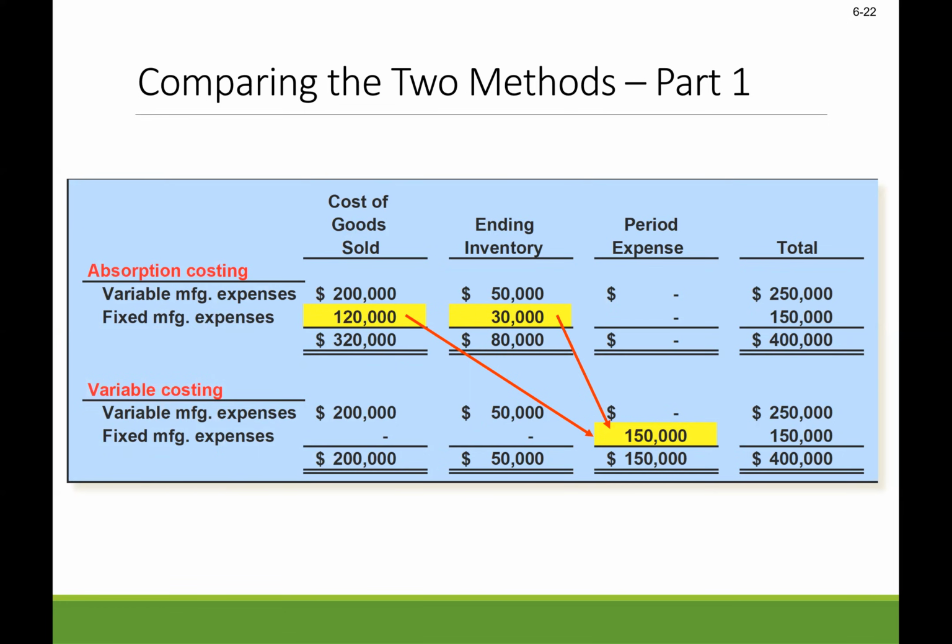So you see right away that 30,000 of fixed manufacturing expenses that are sitting in ending inventory under absorption costing are going to stay as an asset until those products are actually sold. Whereas in variable costing, they're a period expense. Does that make sense, guys? It's just different ways of representing income based on which approach we're using.